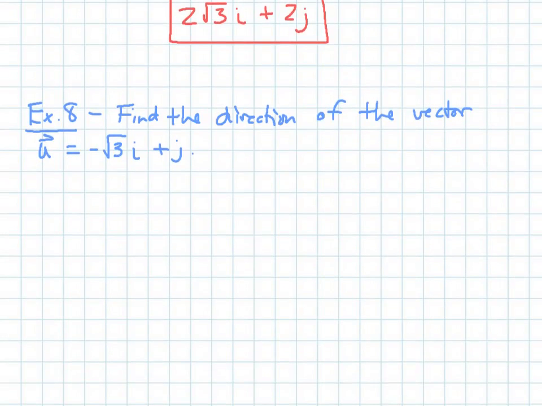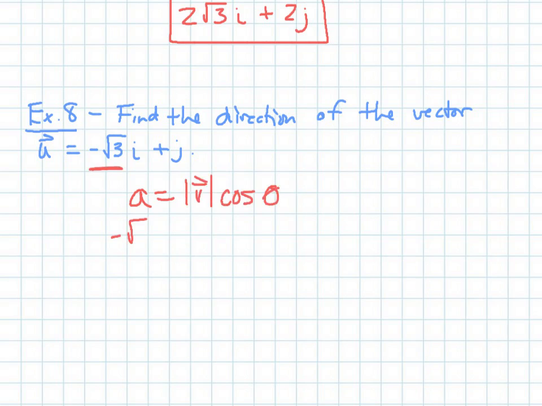Example 8 wants us to find the direction of vector u when it's negative square root of 3 i plus j. To find the direction means that I need to set up an equation here. a is supposed to equal the magnitude of v times cosine of theta. We know what a is because it's given to us right here.